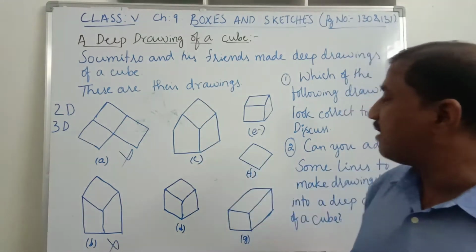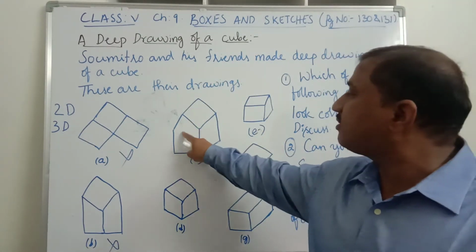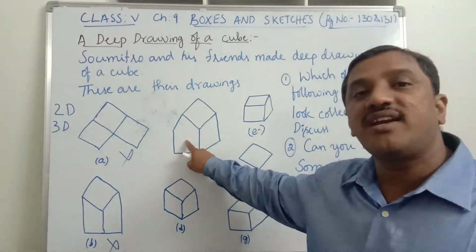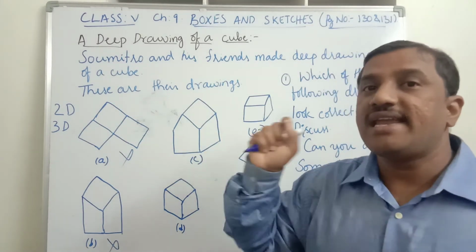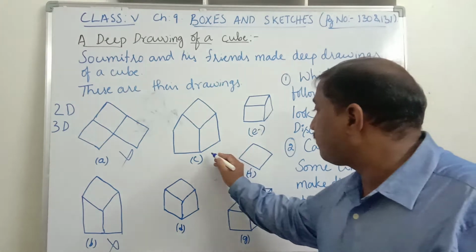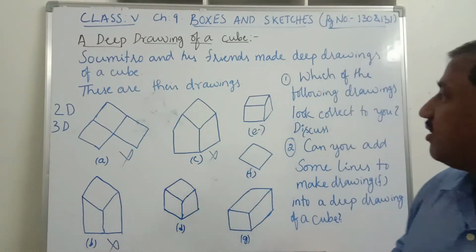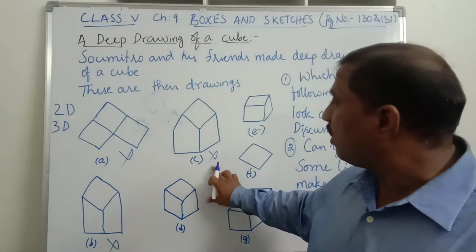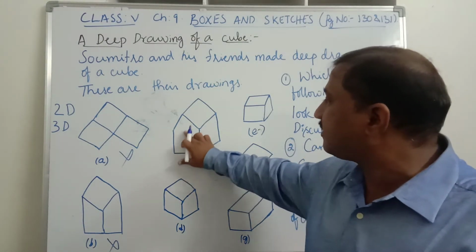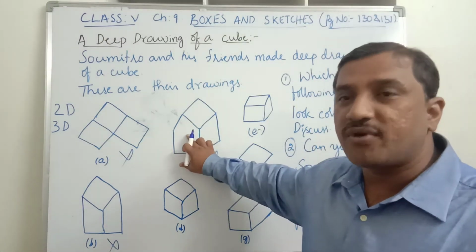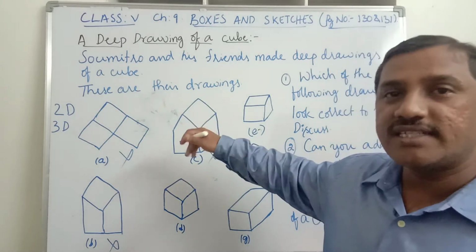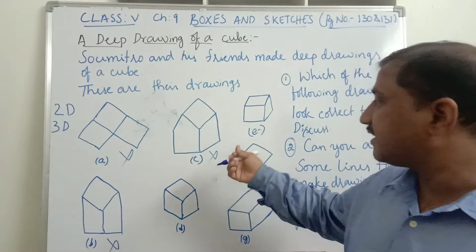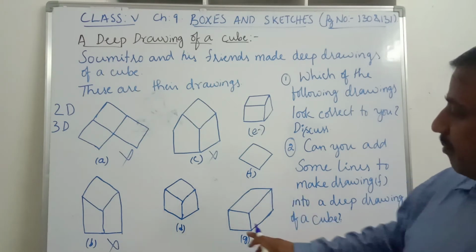Though it is a 3-dimensional figure, one face is not a square. Therefore, C is not a cube, because this face is not square shaped. It has 5 sides. It is a pentagon.